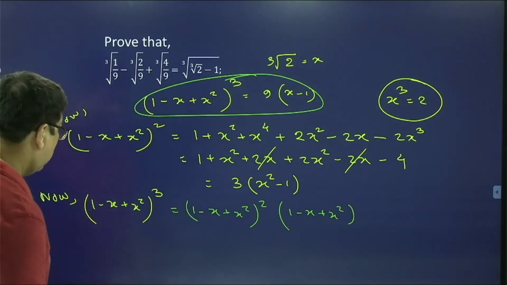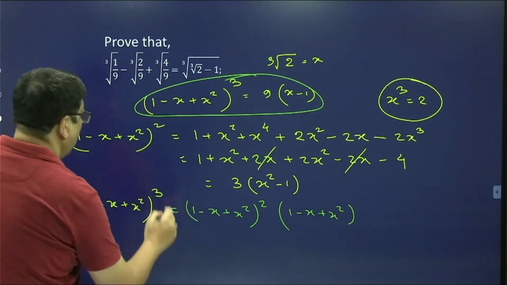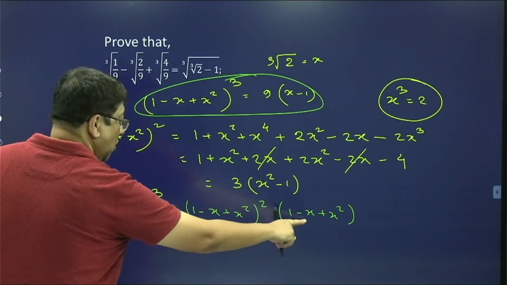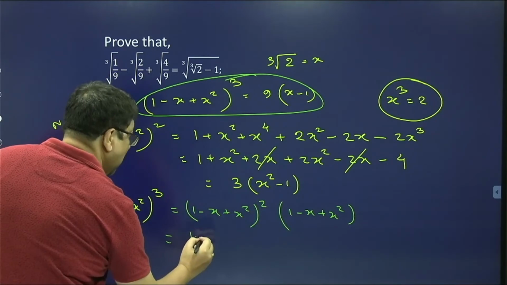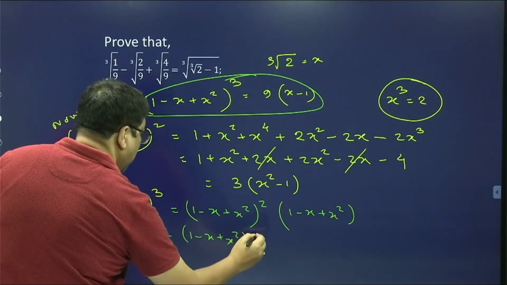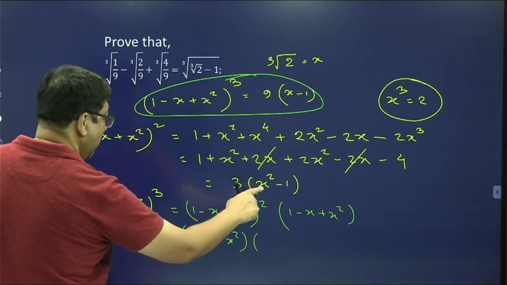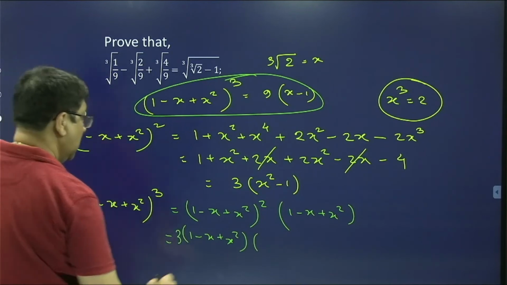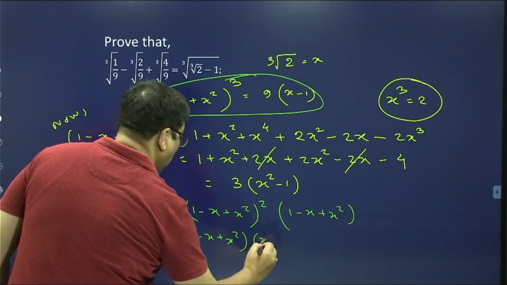Therefore, I can write here (1 minus x plus x square) whole square is 3 into (x square minus 1). So, I am writing this first (1 minus x plus x square) into, instead of this whole square, I am writing 3 outside, 3 into (x square minus 1).